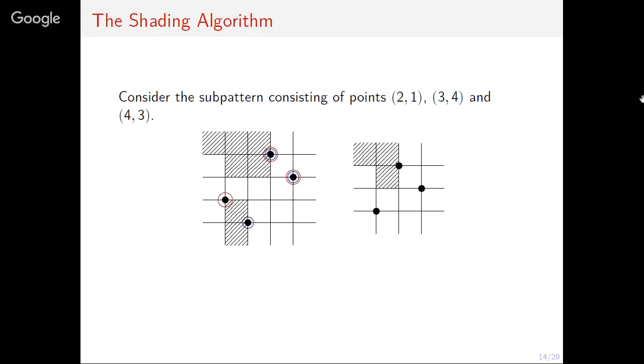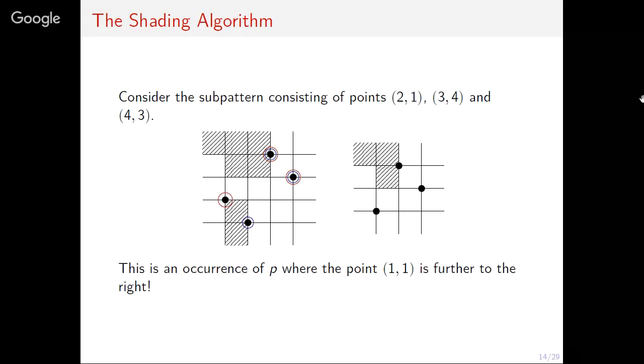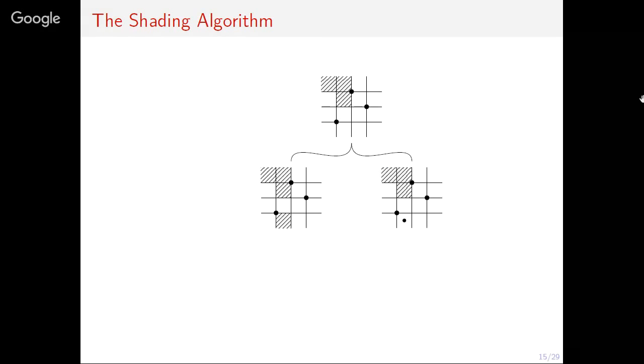That is a contradiction, since we assumed that the original occurrence of the pattern P has the point 1, 1 as far to the right as possible. So this can never happen if we pick this specific occurrence of P. This case leads to a contradiction, and we always have the left case here.